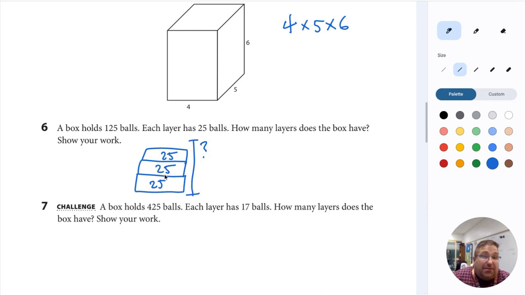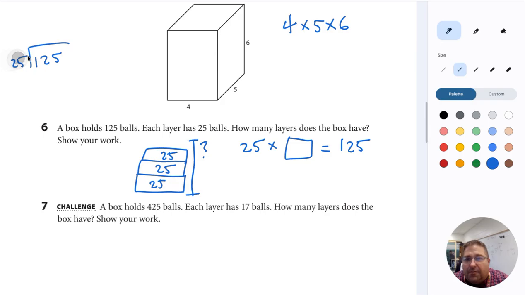Right now I can see there's 75, we're getting close. So we can think about this as 25 times what gets us to 125. Or we could also think about this as 125 divided by 25. And kind of chunk it out that way, okay?